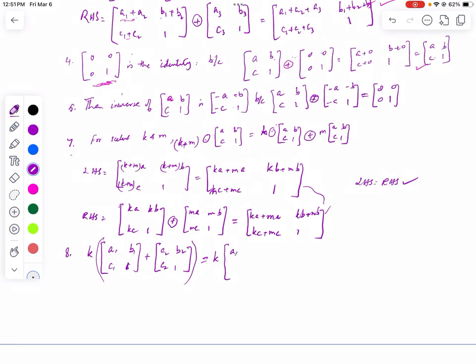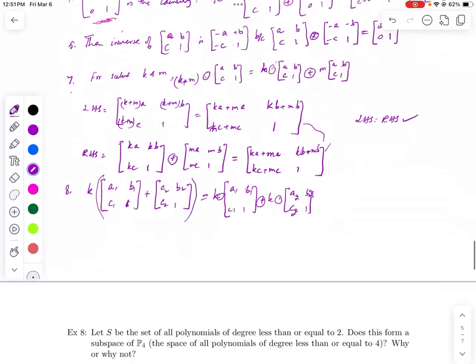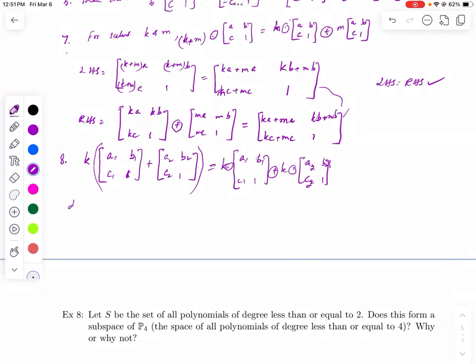you have this one: k times (a1, b1, c1, 1) plus k times (a2, b2, c2, 1). So these are two different vectors with one constant. So we again look at it with a left hand side and right hand side. The left hand side will give me k.